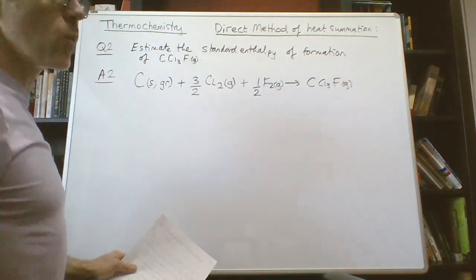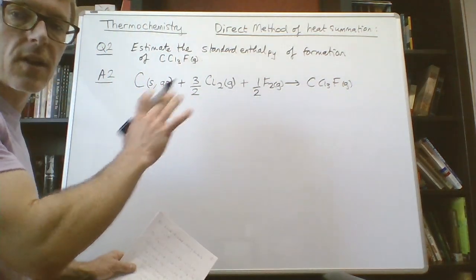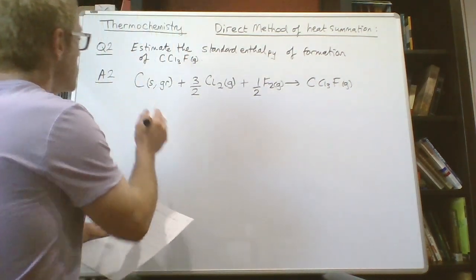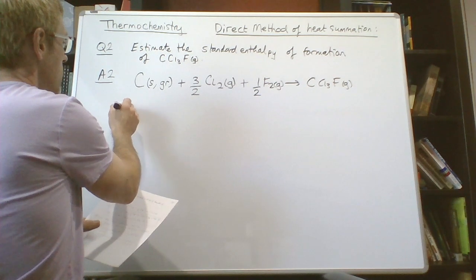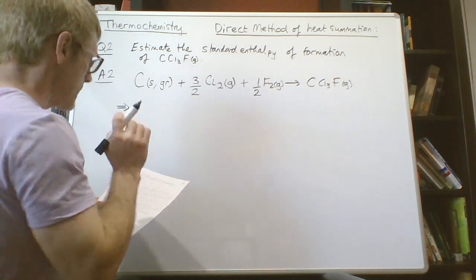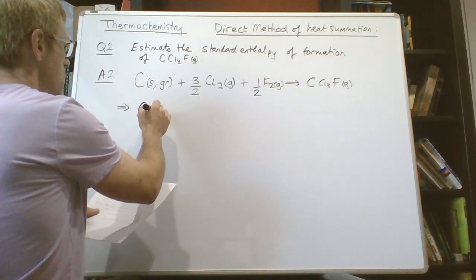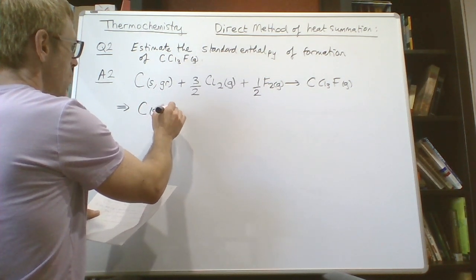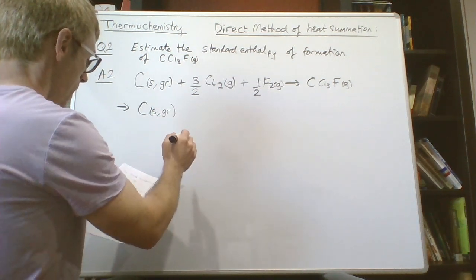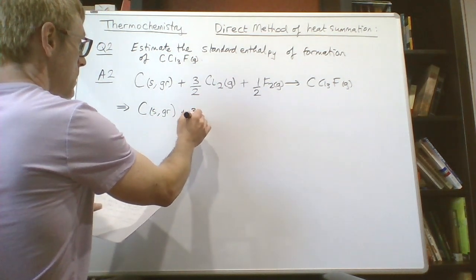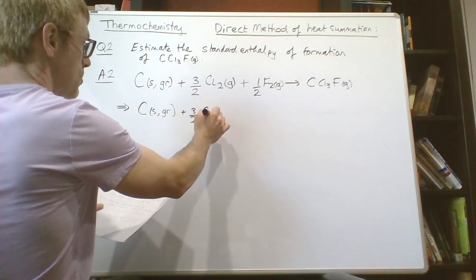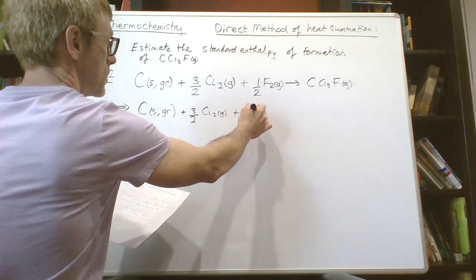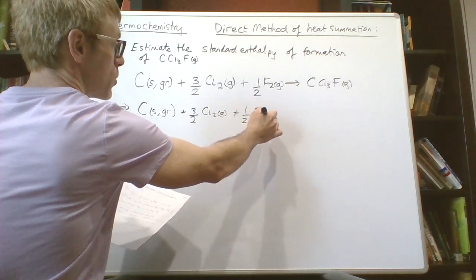So that's my master equation, but there's hidden energy there that I have to account for when I do this calculation. So similar to last time, I'm going to look at every individual step. So I'll take my carbon as a solid in its graphite form. I'm going to add that to 3 halves of a Cl2 molecule and a half a mole's worth of F2 molecules.